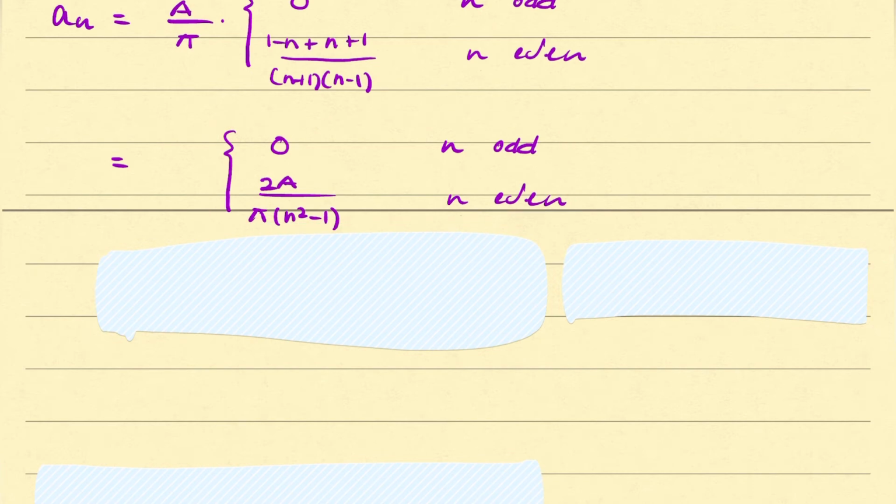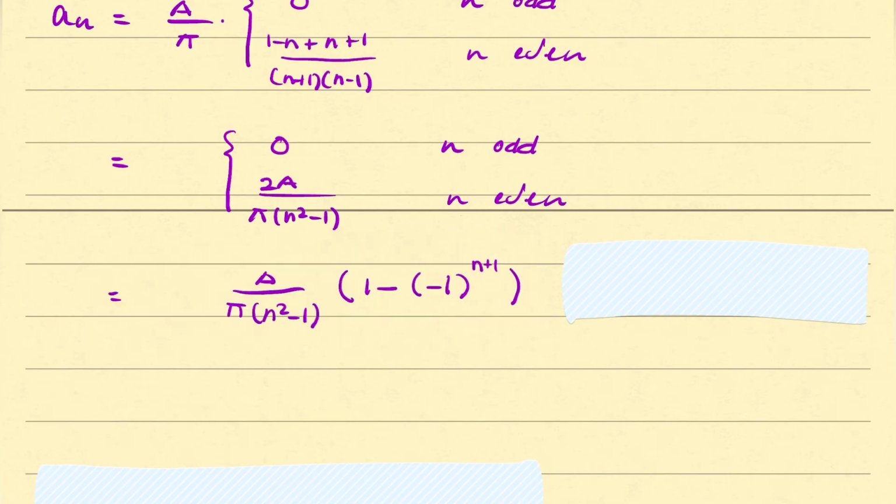So there are various ways in which you can codify the fact that this is non-zero for even values. If I multiply by this factor here, whenever this n is odd, you'll get a 1 here, and 1 minus 1 is 0.